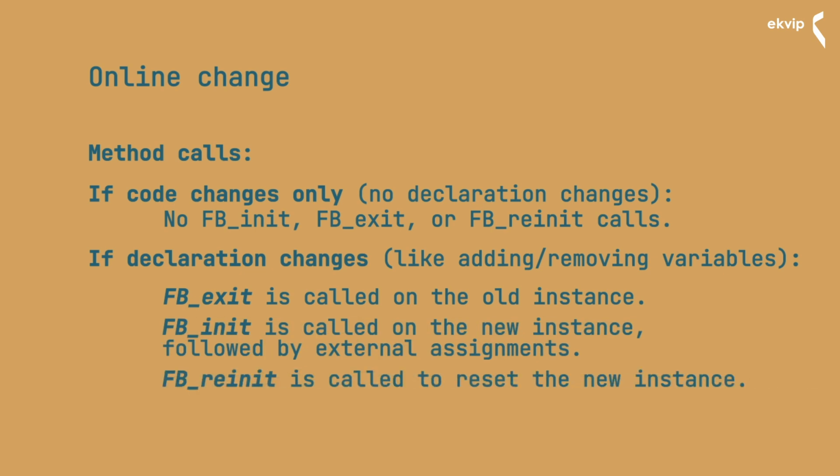FB_reinit is called to reset the new instance. During an online change, if you modify the declaration part of a function block, TwinCAT will replace the old instance with a new one, and that's when FB_exit, FB_init, and FB_reinit come into play. This is the trickiest case because you have to handle the copying of function block data between the old and new instances, and ensure memory pointers and other external resources are correctly reinitialized.